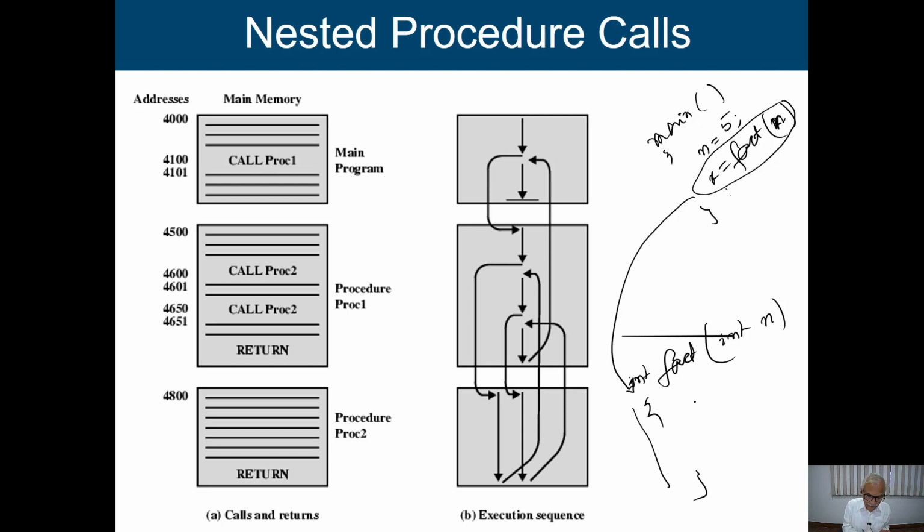In this particular memory location, I have the instruction call procedure 1. When I execute this instruction, I know that I have to call procedure 1, and the starting address of procedure 1 is 4500. Then the value of the program counter will be loaded with 4500, and I execute these things.